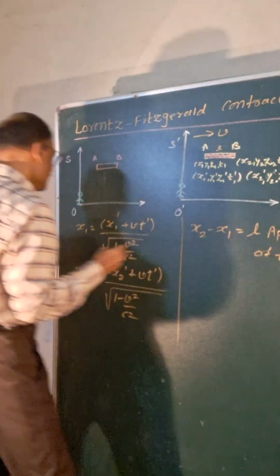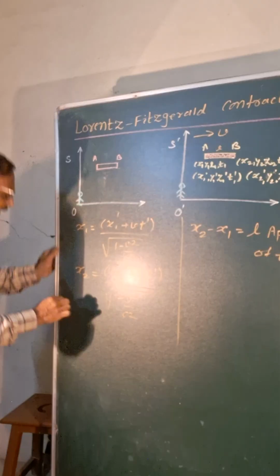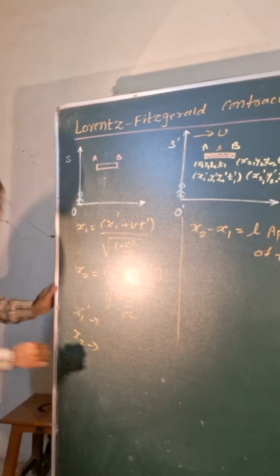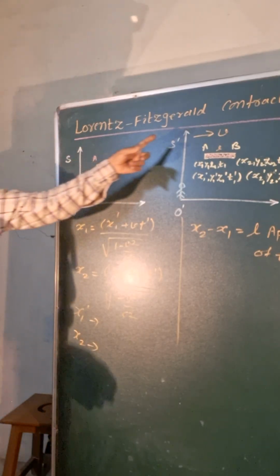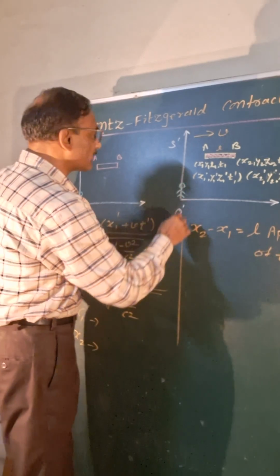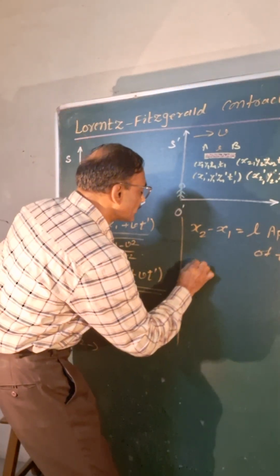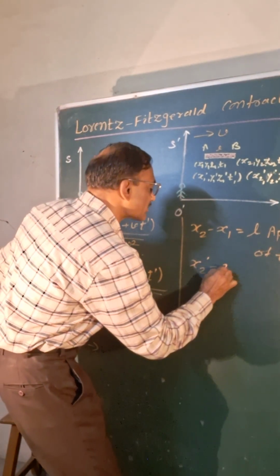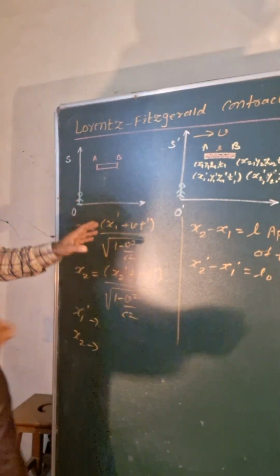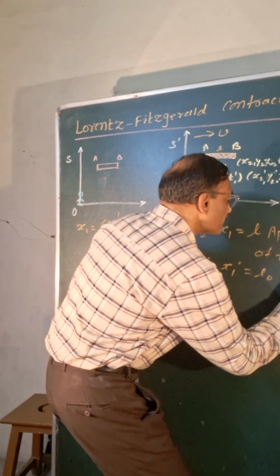Similarly, x1 dash and x2 dash are the coordinates of the same rod according to the observer in the S dash frame. Therefore, according to the observer in the S dash frame, the length of the rod is x2 dash minus x1 dash, which is equal to L0. This L0 is known as the proper length of the rod.